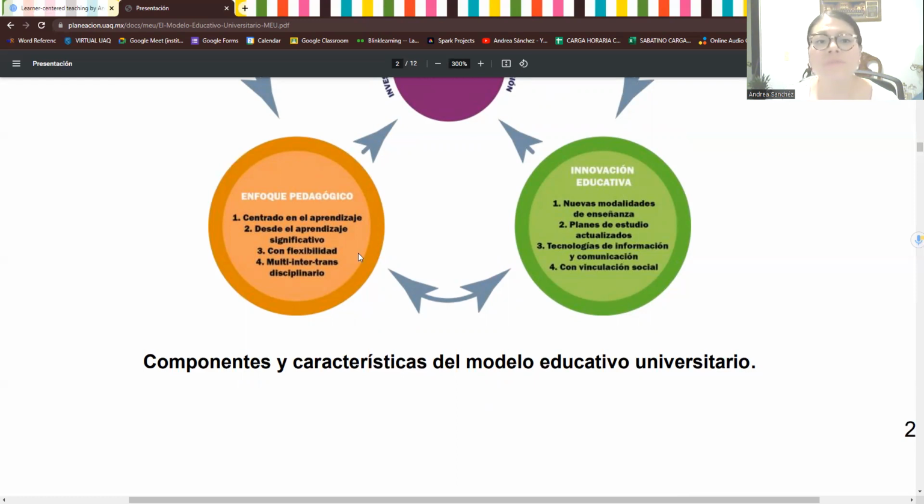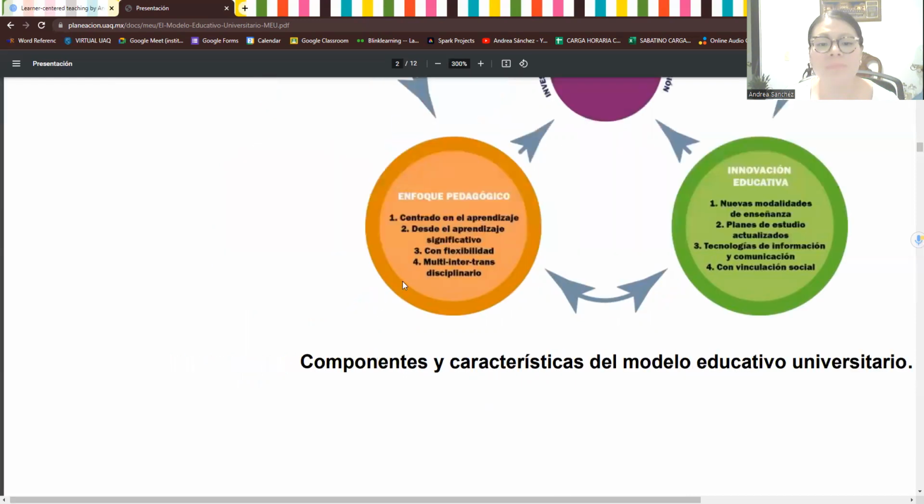Si nos vamos al enfoque pedagógico, que es el círculo naranja, dice que nuestro enfoque pedagógico está centrado en el aprendizaje. Si ustedes recuerdan, nuestro tema que estamos ahorita discutiendo es Student-Centered Learning, and in Spanish es aprendizaje centrado en el estudiante o centrado en el aprendizaje, ¿no? Precisamente.